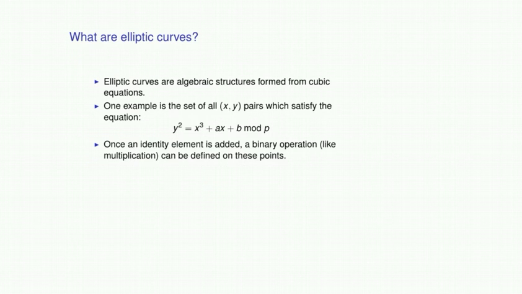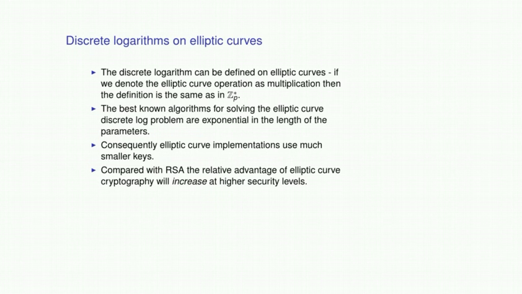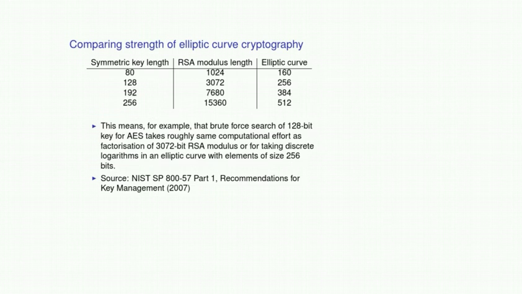Okay, so I'm not going to discuss elliptic curves here, but there is some information you can follow, and if you like you can read it. This compares the strength of elliptic curve cryptography. The main thing you can see is that a symmetric key length of 80 bits is equal to an RSA modulus length of 1024 for public key cryptography.